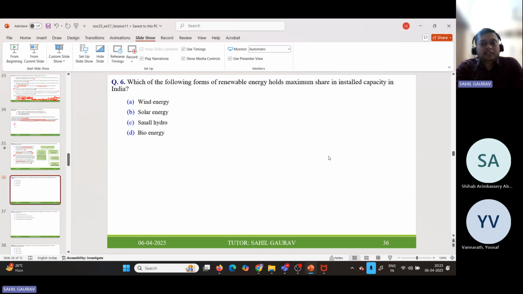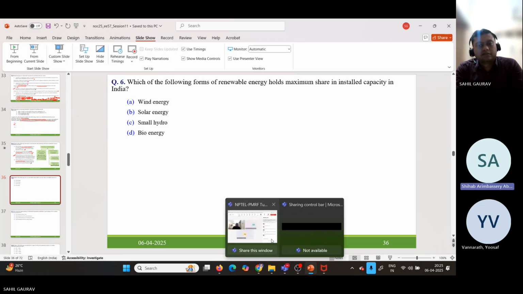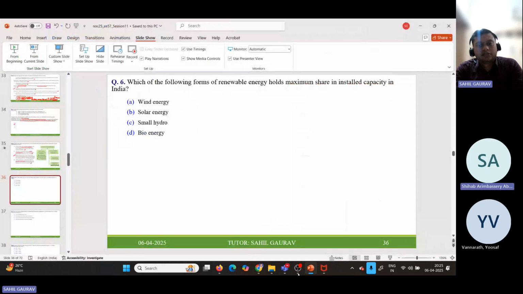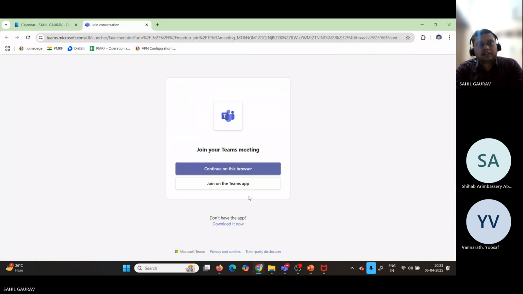Wind energy is, I think, abundant in the southern part of India, but in the northern part we don't have wind energy. Then option B, solar. Yes, solar energy is correct.